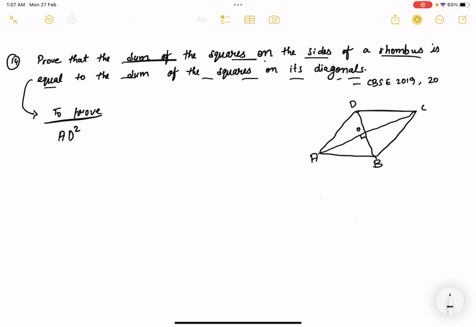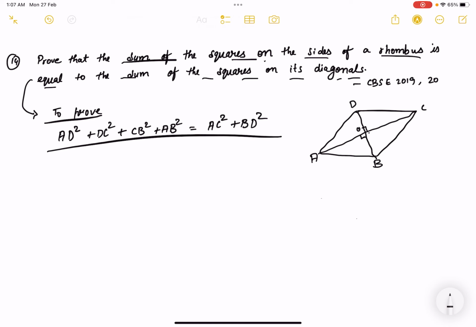This is a rhombus, and as we know, the diagonals of the rhombus intersect at 90 degrees. We have to prove this.